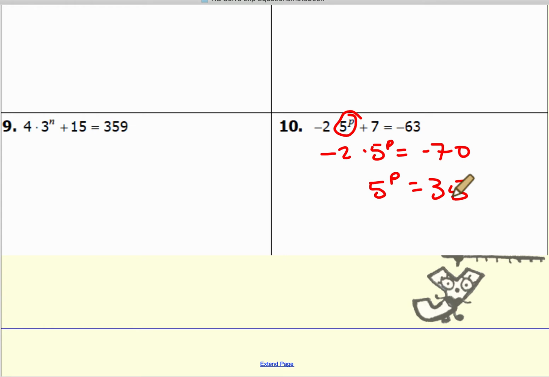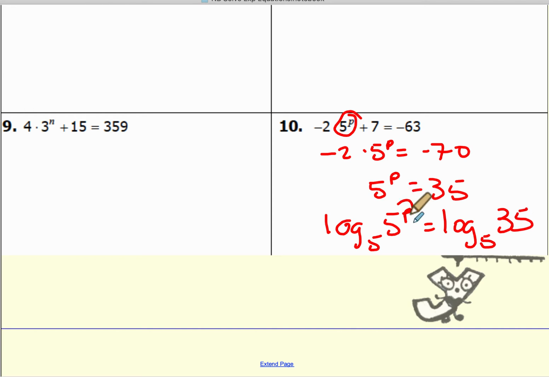And now I'm going to rewrite this as a logarithmic expression. So I'm going to take the log base 5 of both sides. And from previous problems, I know that this becomes a coefficient, and log base 5 of 5 is just going to become 1.